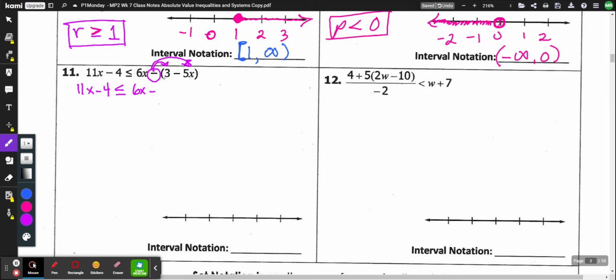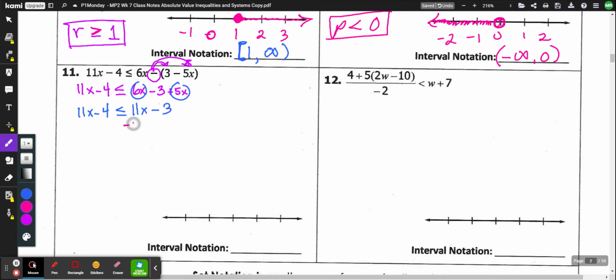Negative 1 times 3 is negative 3, and the negative times a negative is a positive 5x. Let's combine these like terms, 5x and 6x. So we're going to have 11x minus 4 less than or equal to 11x minus 3.